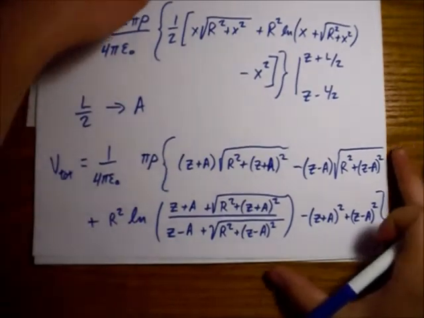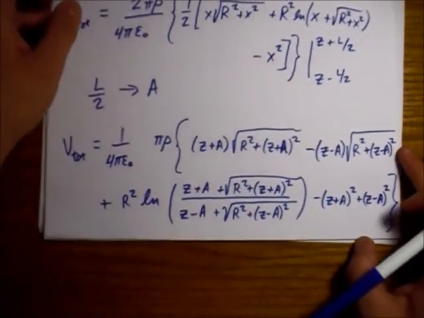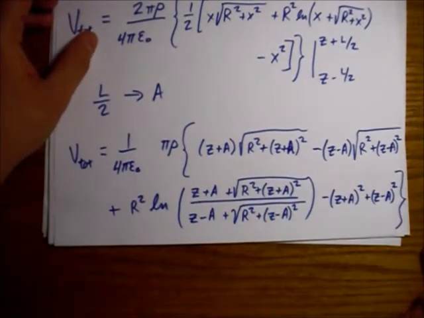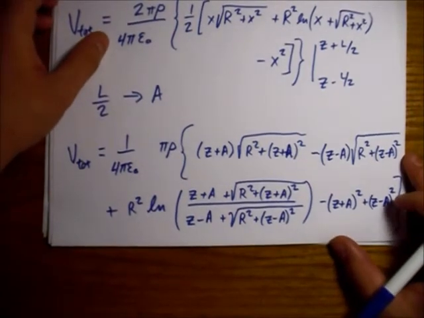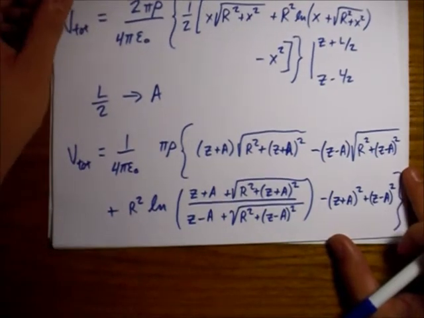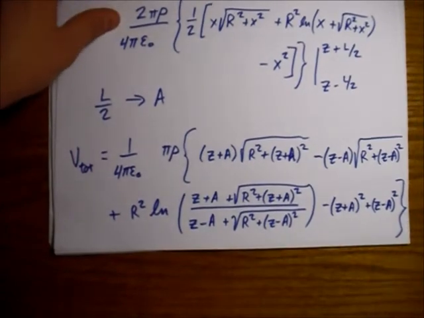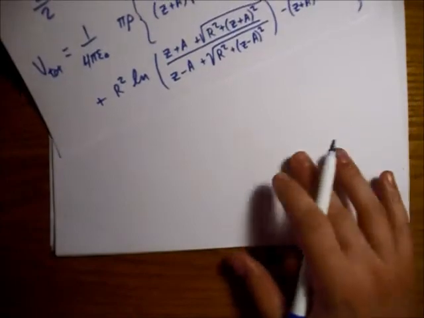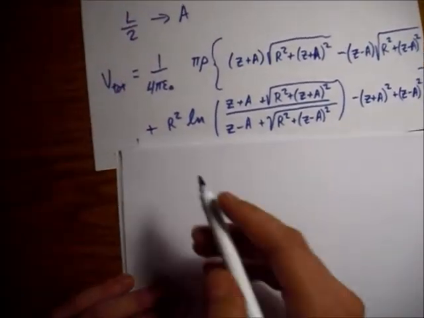So here we have the total potential due to this cylinder. I'm sure there are ways to simplify this. I'm not going to worry about it at this point because we may have to actually simplify it, because next we're going to be calculating the electric field, right?